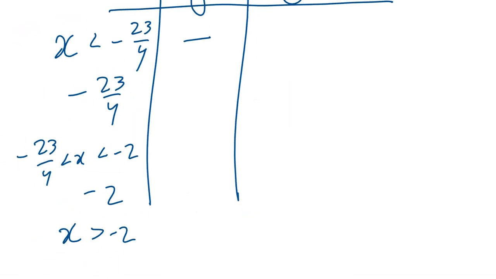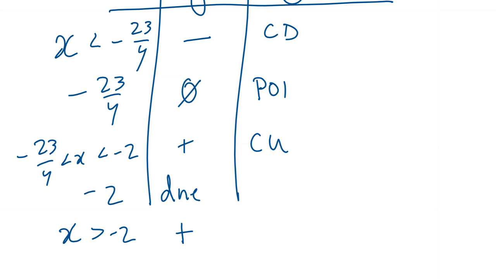So I've got negative, then 0, then positive, then does not exist, then positive again. So this is concave down. This changed from concave down to concave up, so that is a POI. This is a vertical asymptote. And this is just concave up.